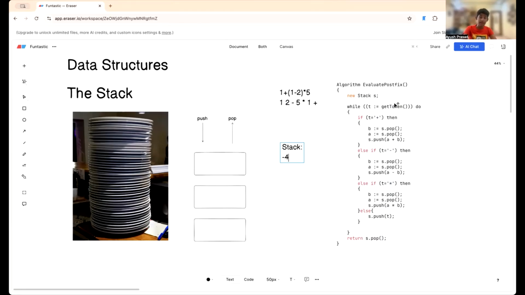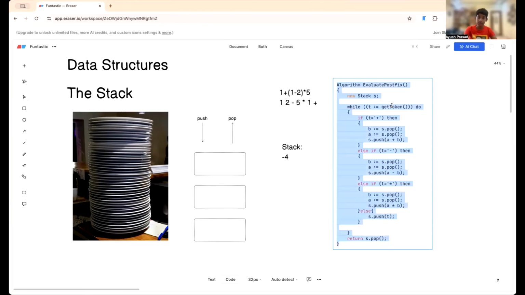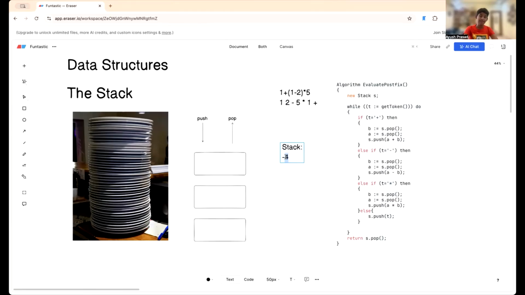At this point, getToken returns nothing. So we exit this full while loop and return s.pop, the top number in the stack, which is minus 4. So here we've seen an example of how stacks can help us understand recursive processes like parentheses by transforming it into evaluating the things at the top before going towards the bottom.